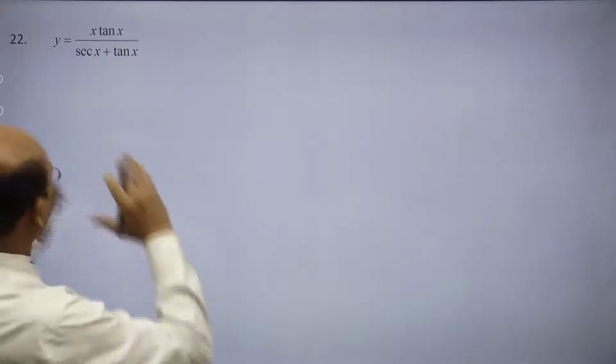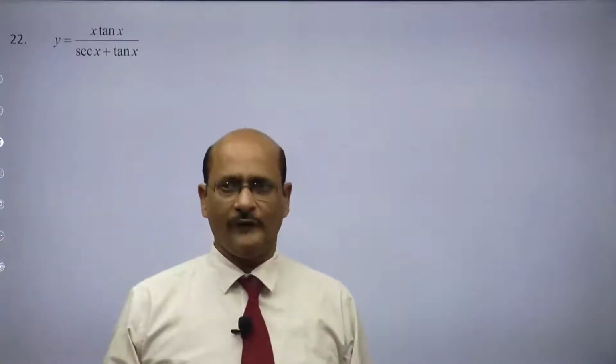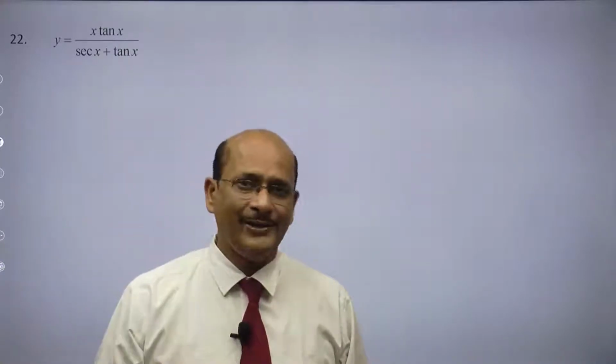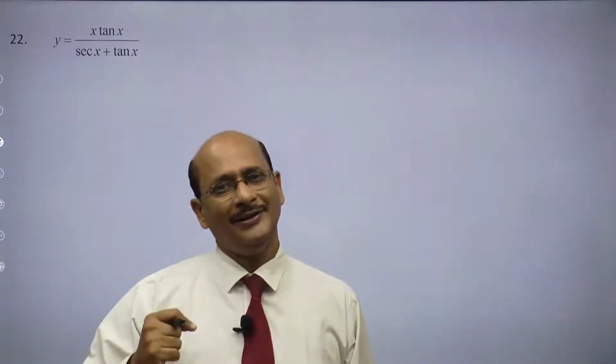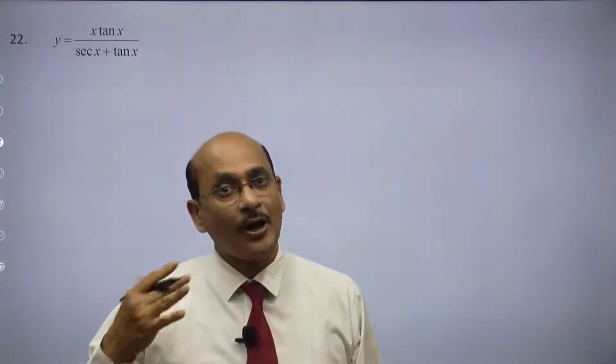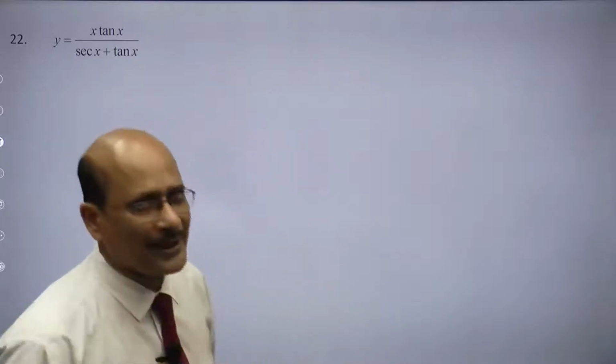I told you in the beginning also that you can keep this as it is and go ahead with the solution, u upon v, there is no problem, but you have the full right to simplify the functions whenever you are able to. Nobody can stop you in mathematics. So, let us begin this wonderful sum.